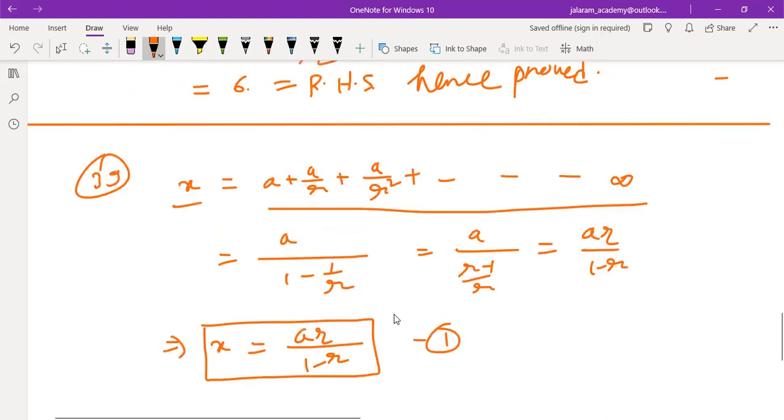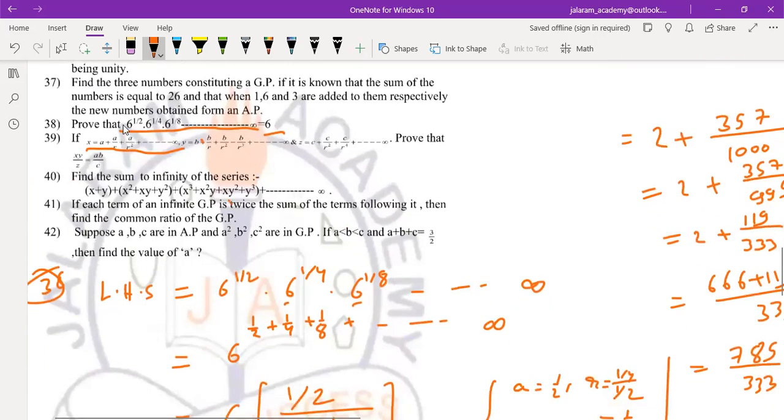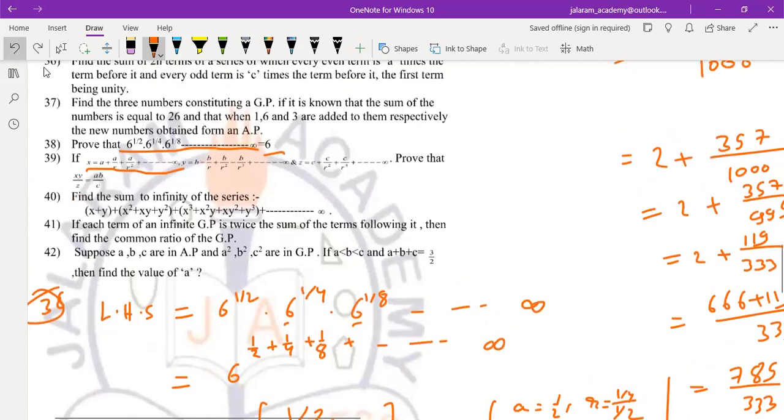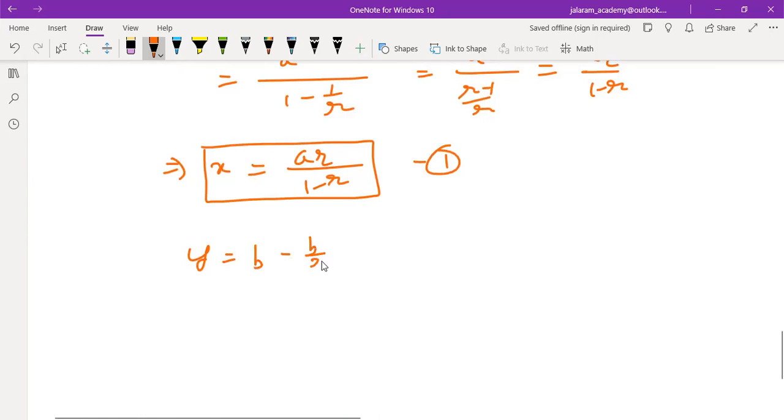And y equals what is given about y: b minus b by r plus b by r square minus b by r cube and so on up to infinity.